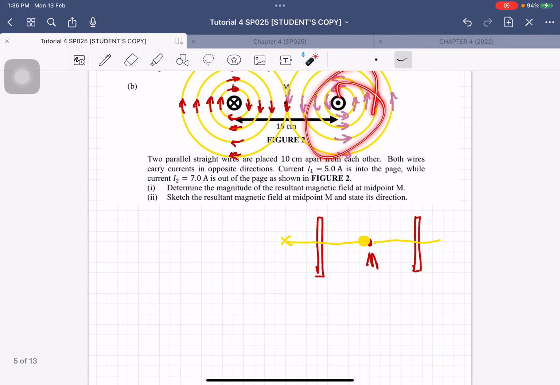Okay, so untuk wire yang kedua pula kita tengok lagi. Untuk at this point here kita akan nampak satu line macam ni kan. So at this point kita akan nampak satu X. So this is your X. Lepas tu at this point pula kita akan nampak dot. Dia akan keluar dari the page. So maksudnya kalau dot tu kan dia jadi upwards.